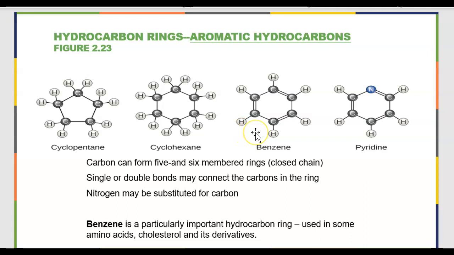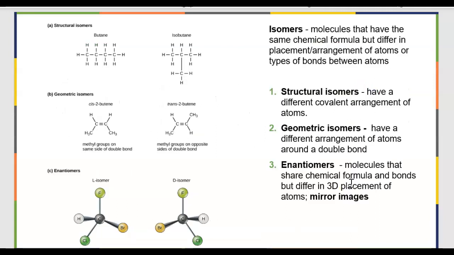Here's benzene, it has its own name. Notice it still has these 6 carbons, so much like cyclohexane, except it's alternating double and single bonds. And then there's another one here, this pyridine, which we'll talk about later, but notice it has a nitrogen kind of snuck in there instead of carbon.